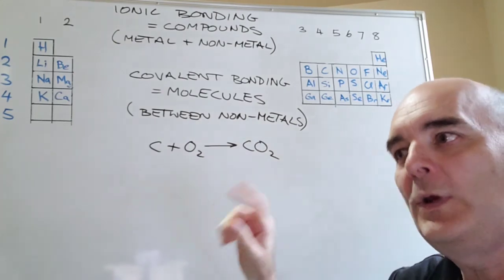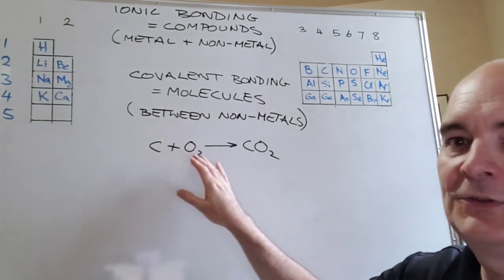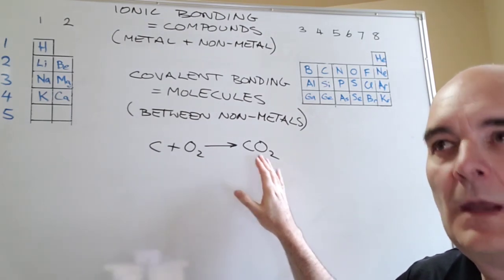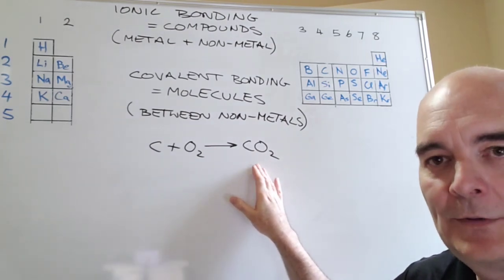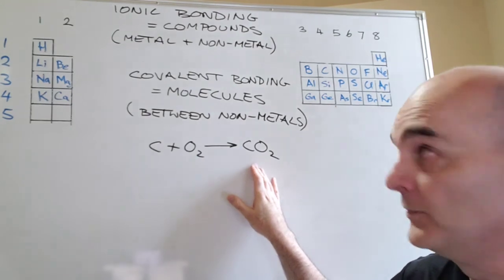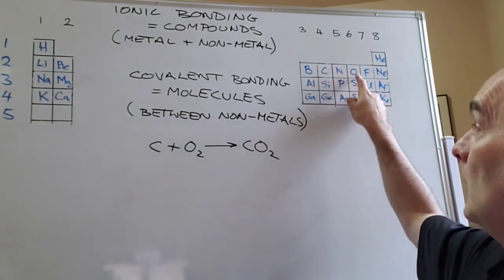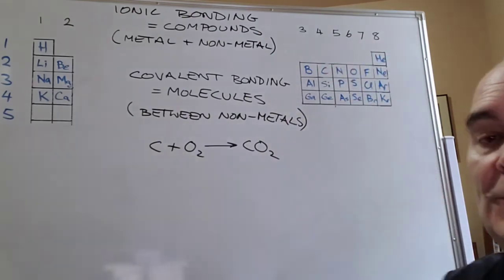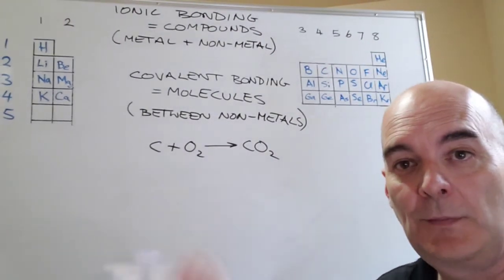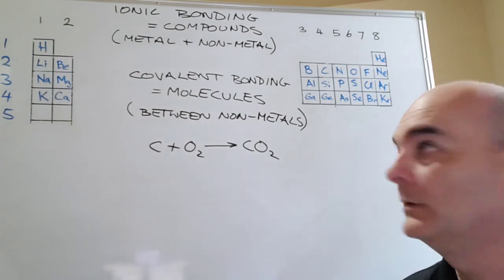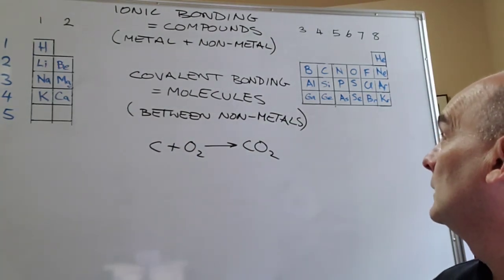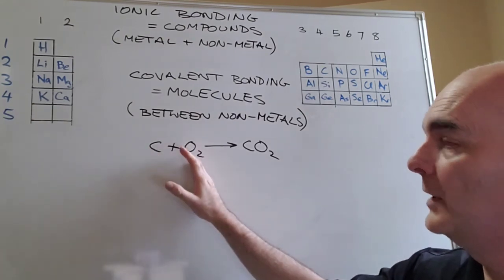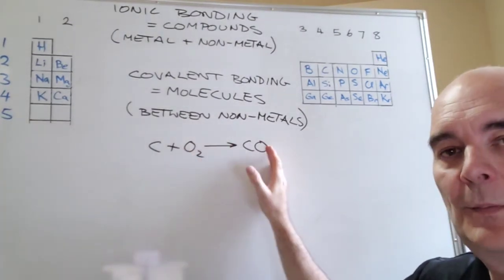So when we hear that carbon burns in oxygen to make carbon dioxide, that is not a compound. Carbon dioxide is a molecule, because carbon and oxygen are over here, and these are non-metals. The metals were to the left of carbon. And so this is a non-metal combining with another non-metal to make a molecule.